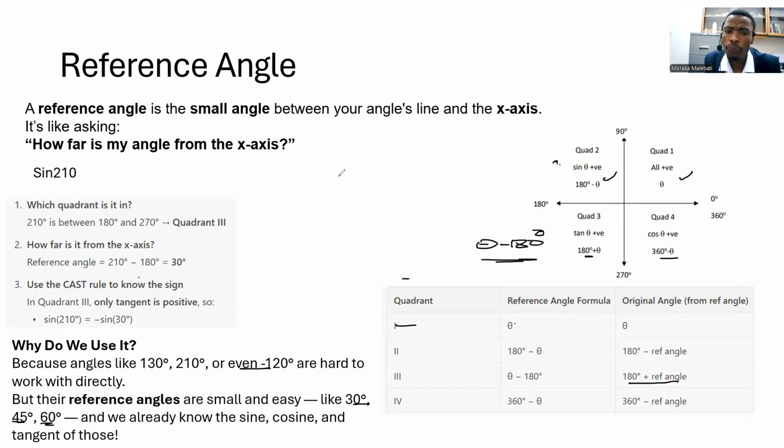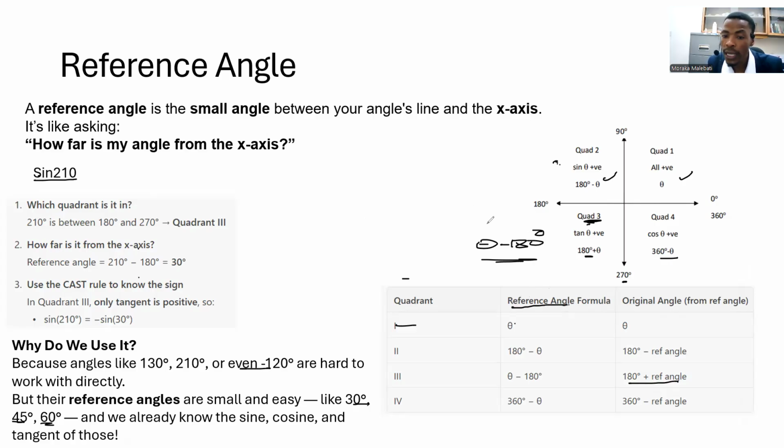So let's remember the reference angle. We're trying to find how far we are from the x-axis. For example, given 210, the first thing is to know in which quadrant. 210 is between 180 and 270, so it's in quadrant 3. Then we want to know how far it is from the x-axis, which means we want to find the reference angle.